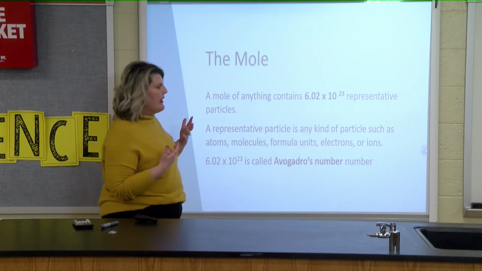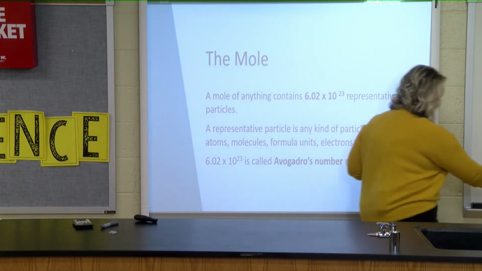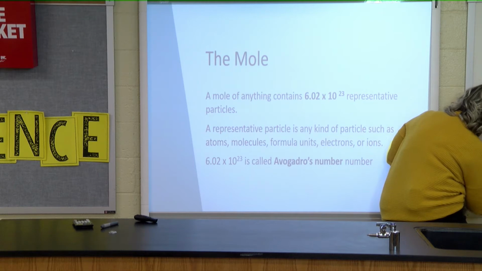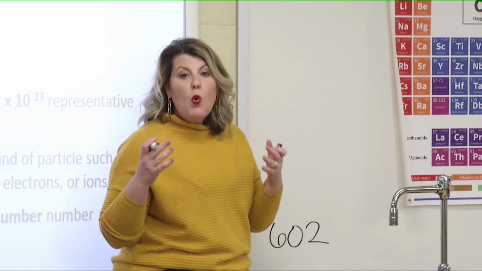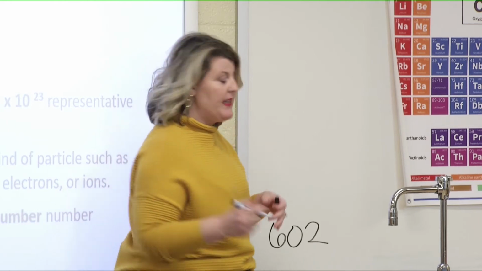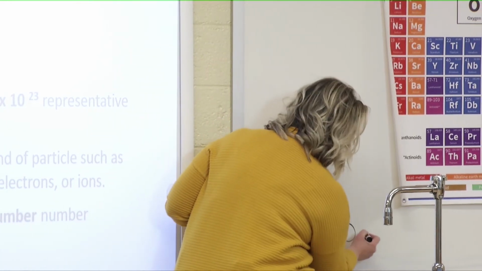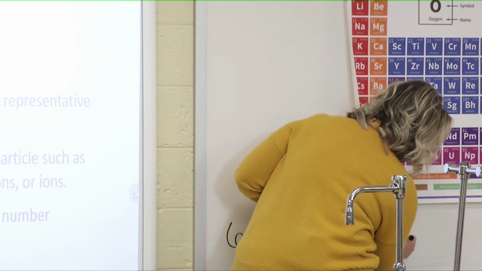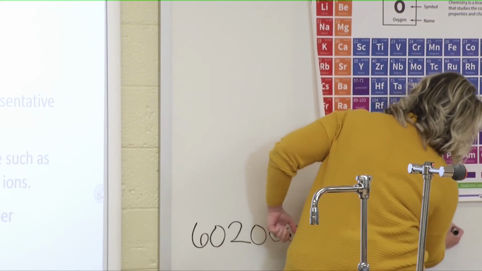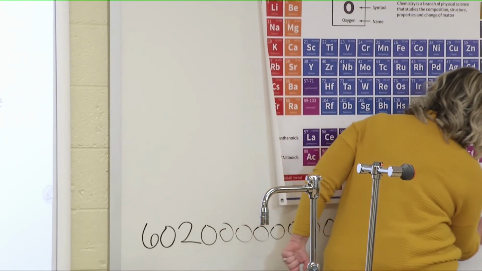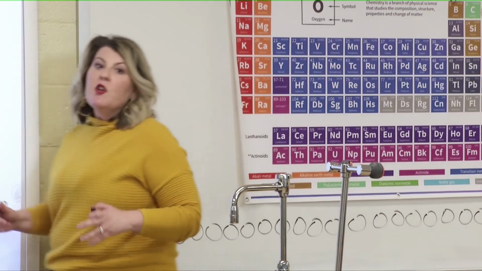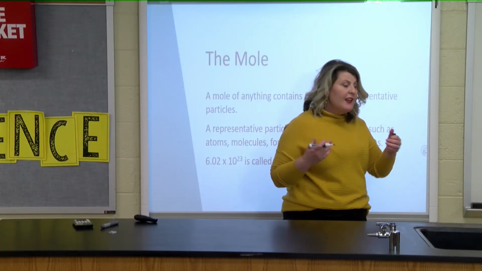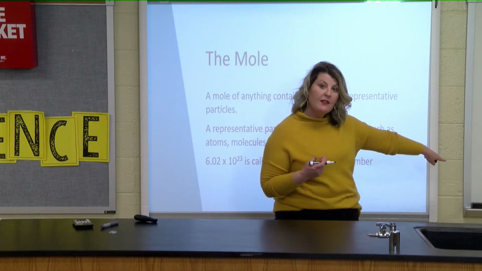That's actually, if I wrote it out, the number 602 with 21 zeros after it. So 1, 2, 3, 4, 5, 6, 7, 8, 9, 10, 11, 12, 13, 14, 15, 16, 17, 18, 19, 20, 21. So if you have a mole of something, you have that many of something.